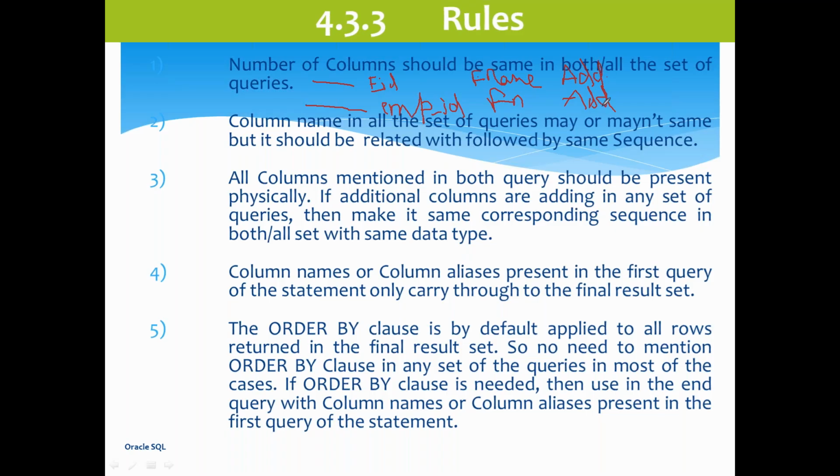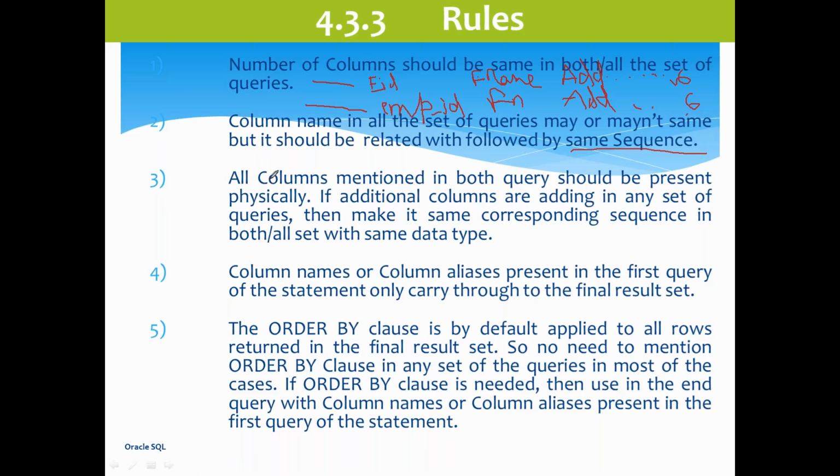So this is address, this is also address. In this way, how many columns did we mention in our first query? Suppose 6 columns we mentioned in our first query. Those 6 columns should be correspondingly present in the second query also. Column name can be same or different, but the corresponding value should be same, indicating the same kind of meaning. So this is the second point, same sequence.